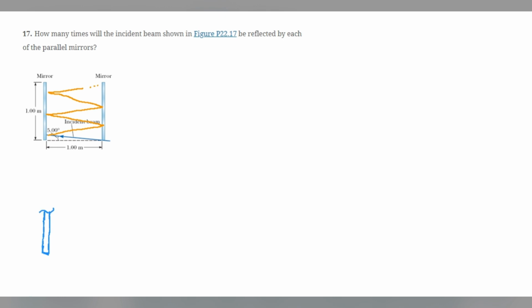And I also have the right mirror here, and again I'm trying to represent only a section of it. And then we know that the distance between them is 1 meter.